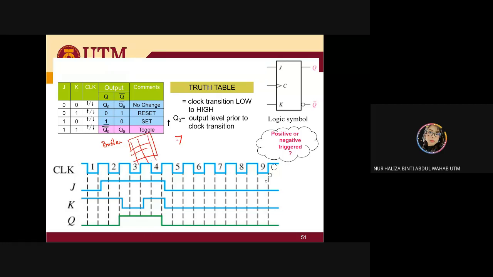Now after you go for 7 until the rest, there are a lot of timing diagrams that you will meet. So you need to generate your own Q output. You need to generate your own output wave. Okay.